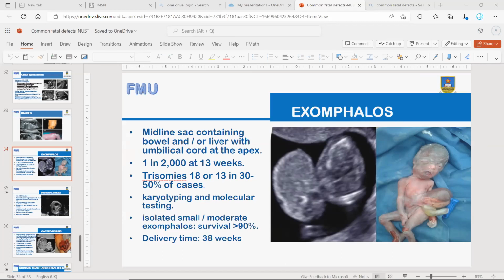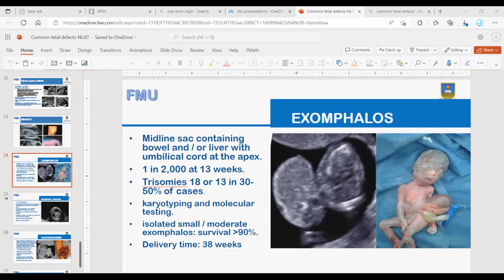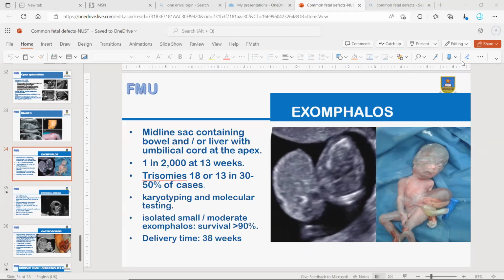Let me see if I have that slide here. I think it should be the slide which shows you that should be open. Let me see if I can. I'll just stop the share for a brief moment. Then I want to show you the image which shows the anterior abdominal wall. Let me see, because I think that part was open somewhere. Do I have it?